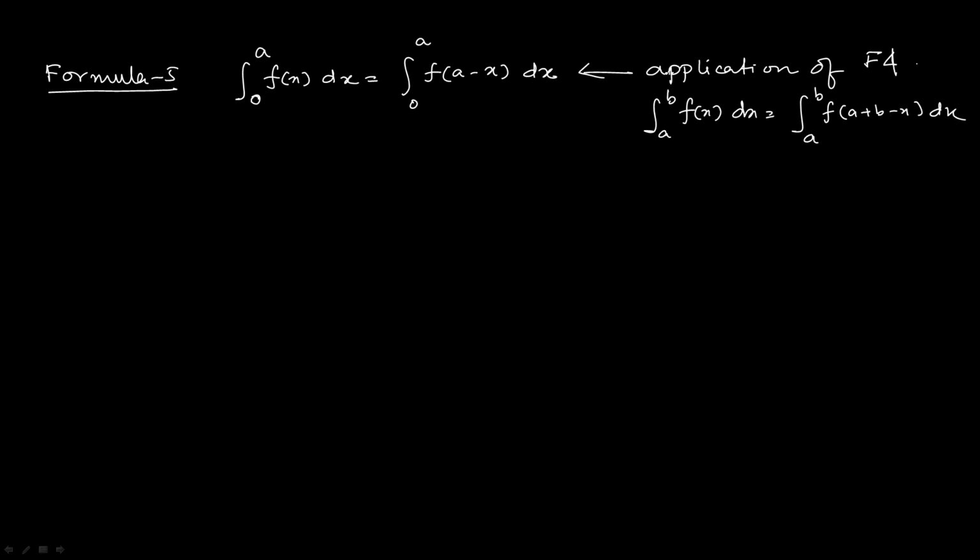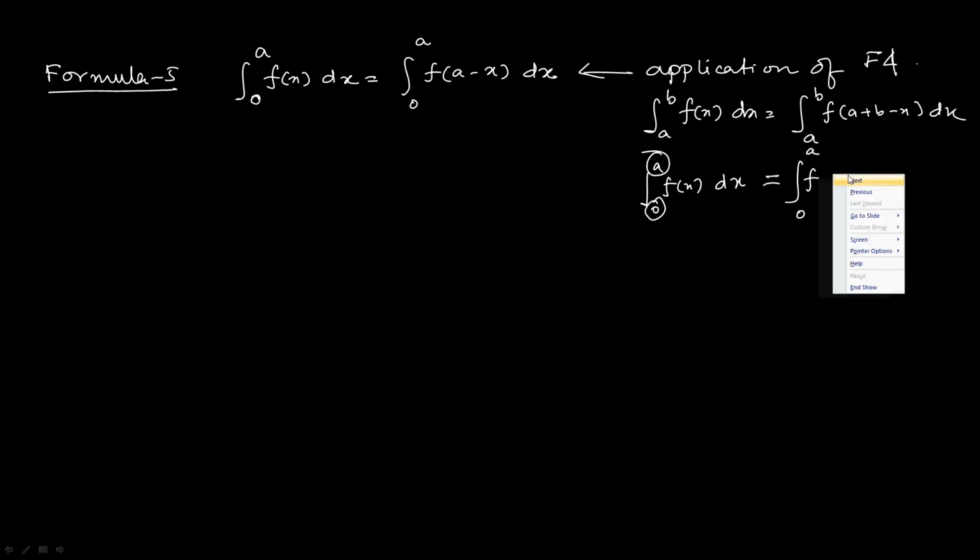Here, in place of a, what was given? This one is my a now, this one is my b now. So what will I write? Here I will write 0 to a, 0 to a. So here I will write a plus b minus x dx.